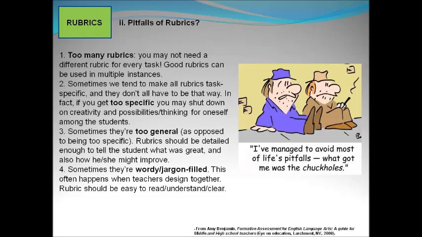And honestly, some rubrics are so wordy and jargon filled. When that happens most often is when all of us ELA teachers say, let's all get together and have a meeting after school because we haven't worked hard enough all day. We'll all spend the next hour and a half after school developing a rubric.